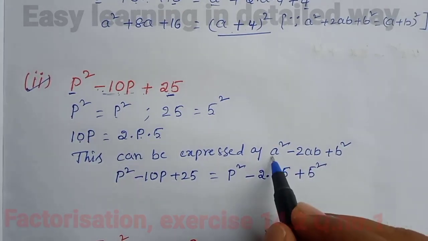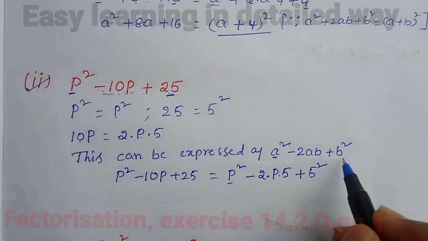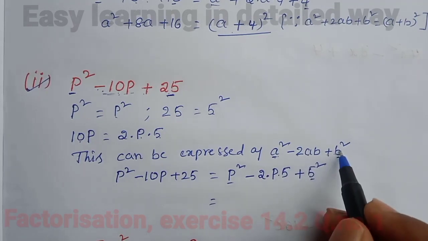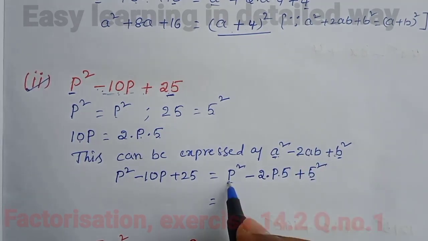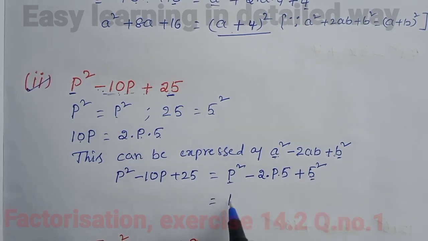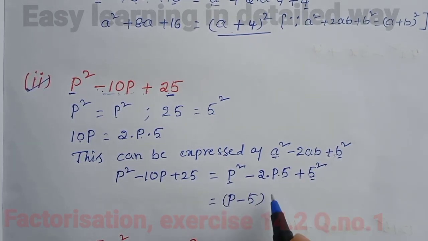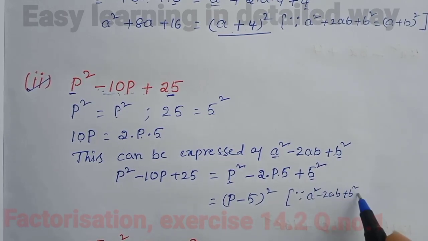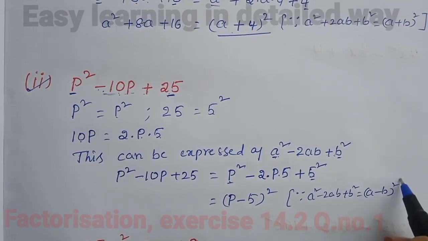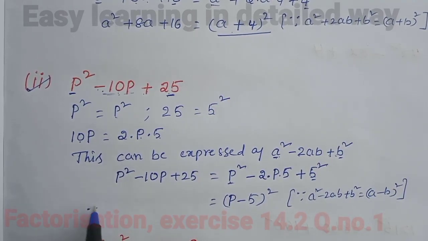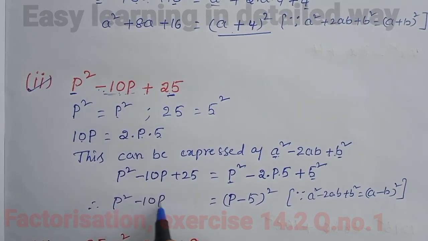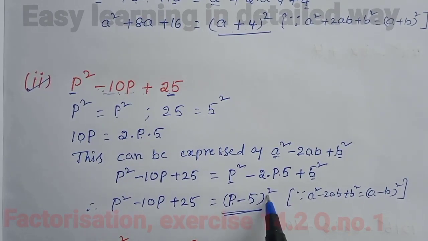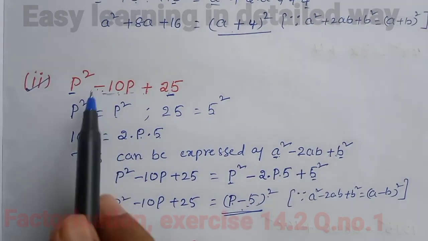So here in place of a you have p, in place of b you have 5. So see a square minus 2ab plus b square is equal to what? a minus b whole square. So here p minus 5 whole square, because a square minus 2ab plus b square is equal to a minus b whole square. So therefore p square minus 10p plus 25 is equal to p minus 5 whole square. This is the factorization of the expression.